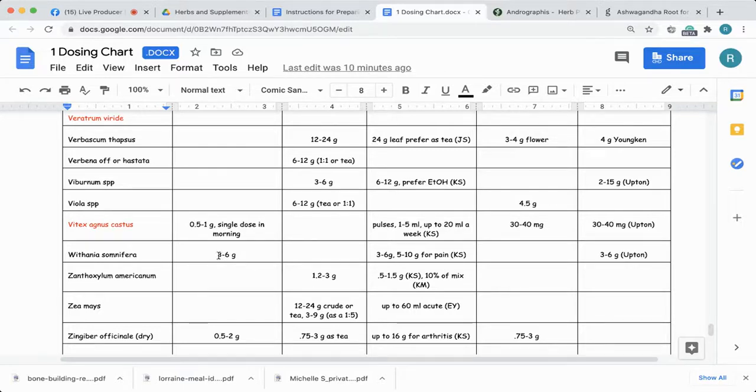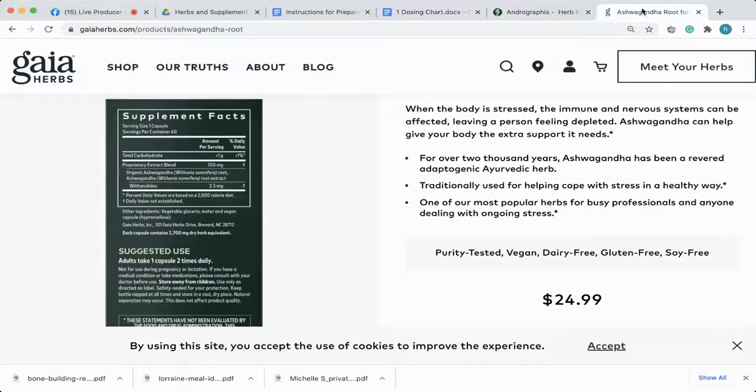However, for a therapeutic effect on HPA axis function, thyroid, sleep, 3 to 6 grams will be more beneficial. So technically, 2 of these caps is the dry herb equivalent of about 5,400. So that would be really all we would need of this particular product.